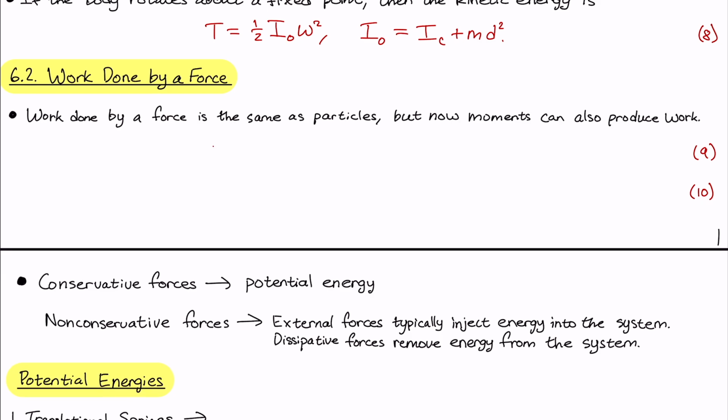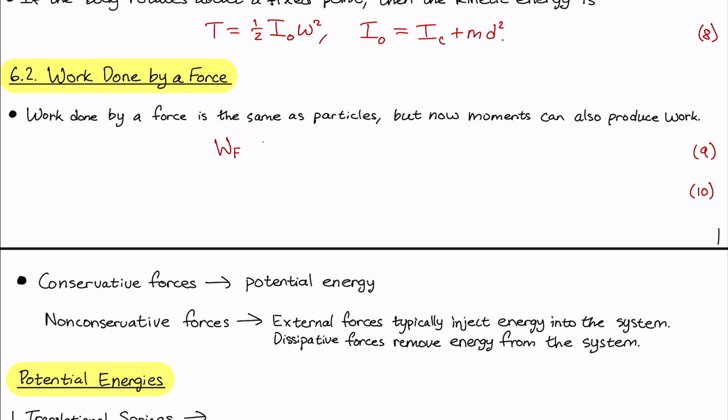The work done by a force, we'll just write W_F here, is still equal to the integral from position R1 to position R2 of whatever that force vector is, dotted with dr. That's just the general definition of work done by a force. For the work done by moments, it's going to be equal to the integral from some angular position to another angular position of that moment dotted with d theta.